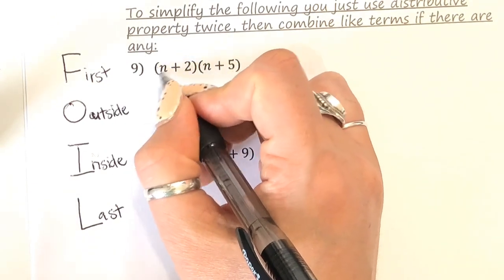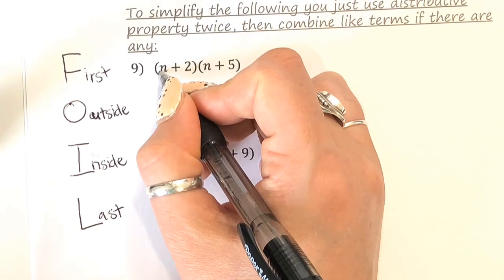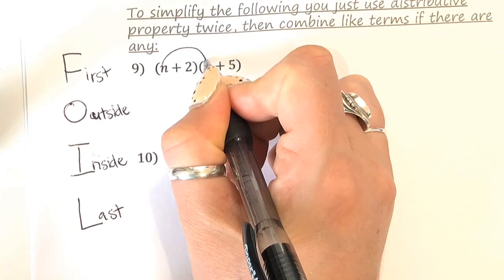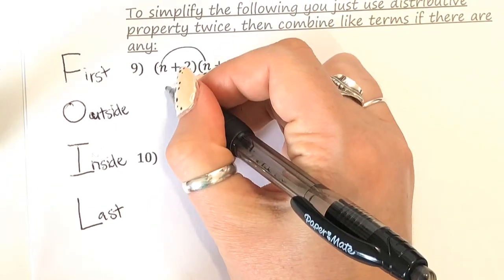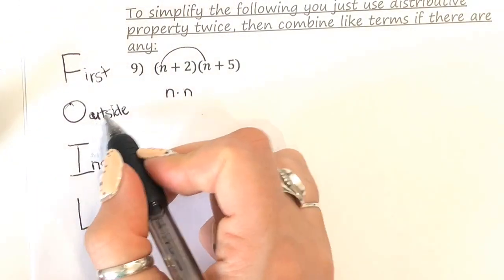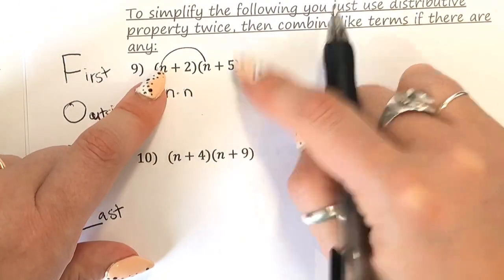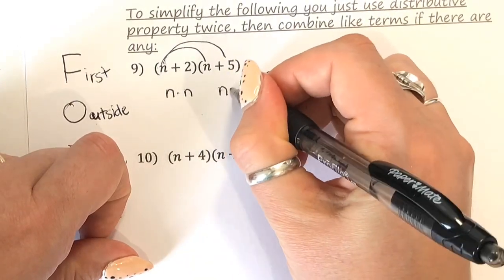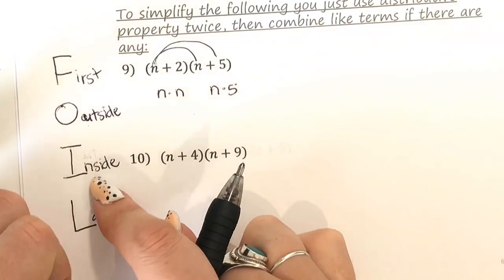Here is my first term in this set, and here's my first term in this set. I'm going to do first times first, so I'm going to have n times n. And then we're going to do outsides. Here are our outside terms, n times 5. Then we're going to do the inside terms.